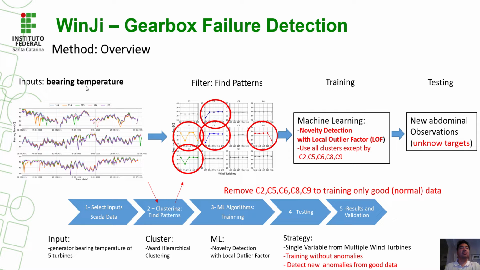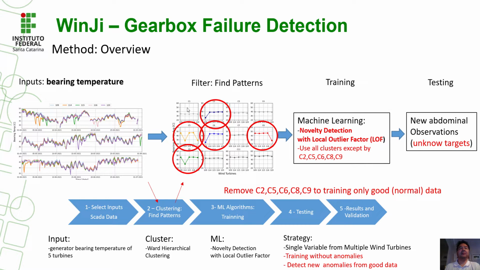So here is the overview. Basically I use as input the bearing temperature of the 5 turbines. After I input this data to the clustering algorithm, it separates them into 12 clusters.